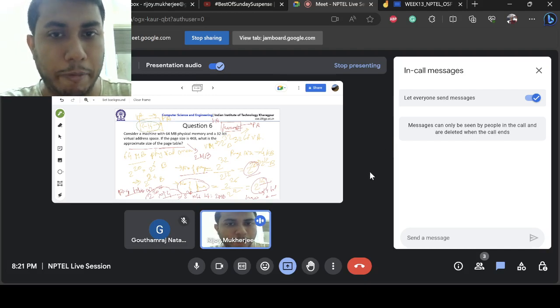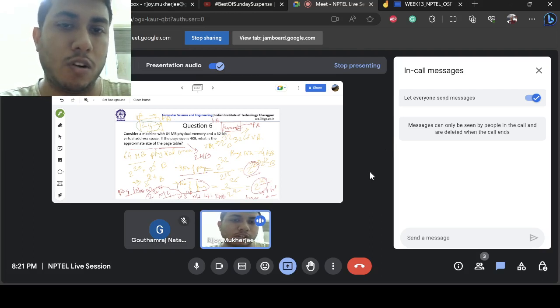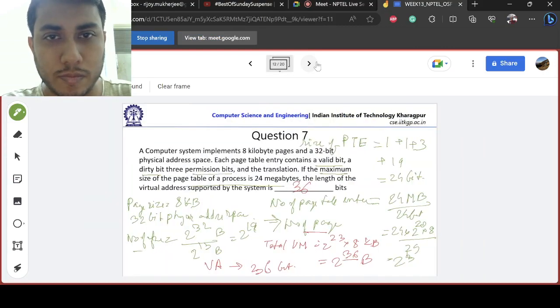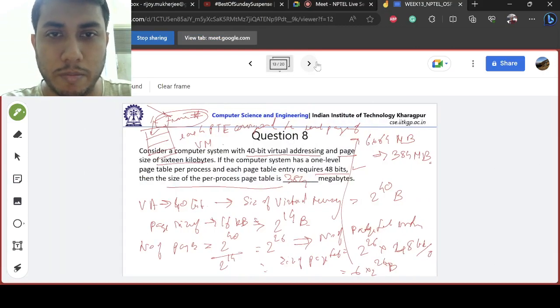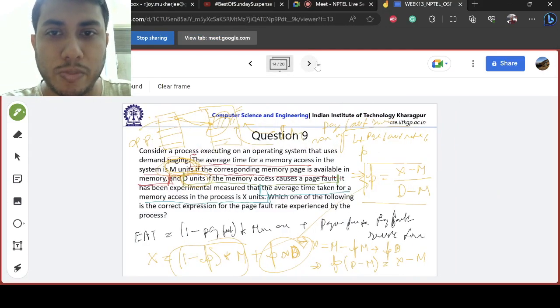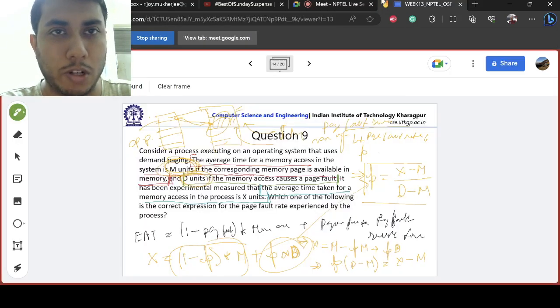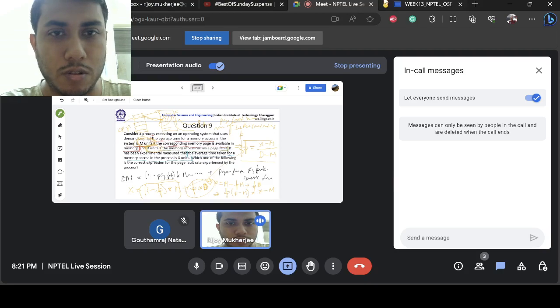And if you have to calculate the size of the entire page table, each page table entry contains all the page references. So each page table entry times the number of frames is the total size. This was also the same. Then this was a problem again on page faults. Two problems on page fault based things.